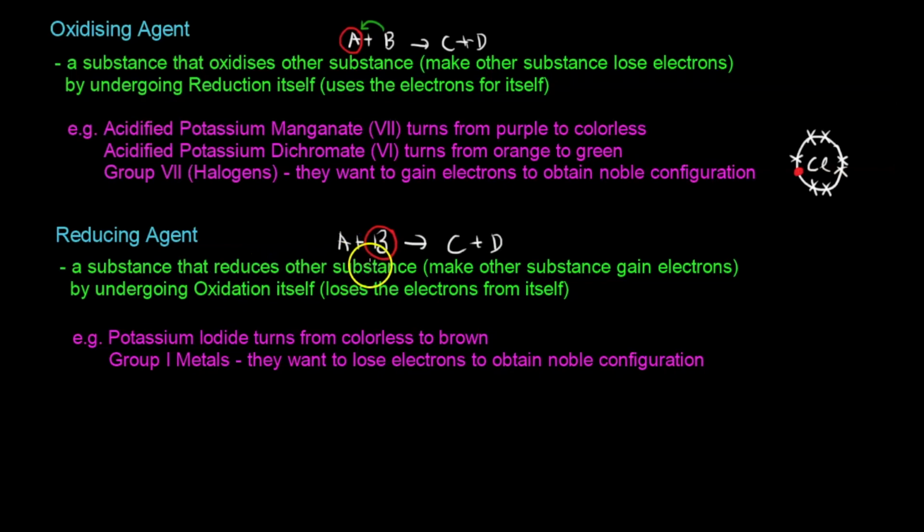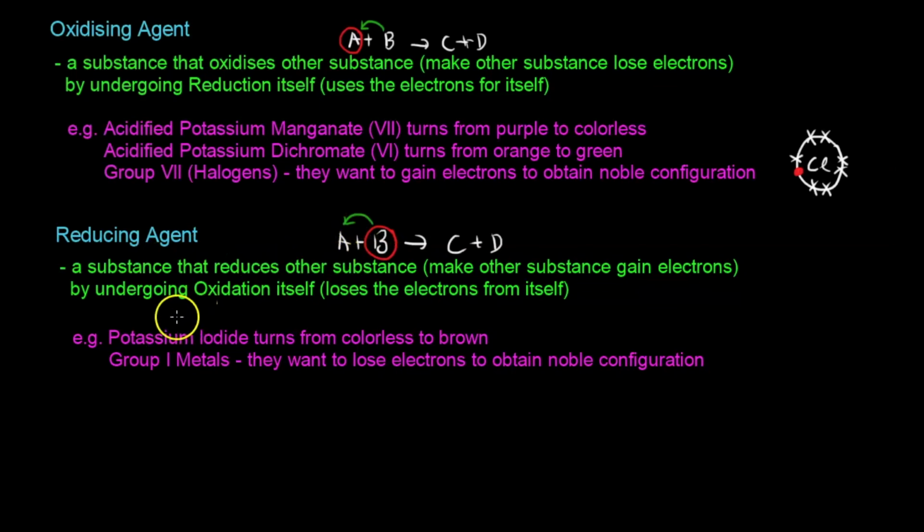It reduces other substances. It forces A, for example, to take up the electron. So it passes its electrons to A, and it itself undergoes oxidation, while at the same time forcing A to take up its electrons. Now A will undergo reduction, and hence B has done its job as a reducing agent by reducing A.